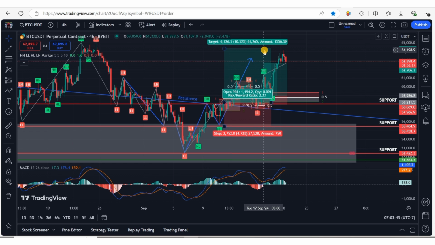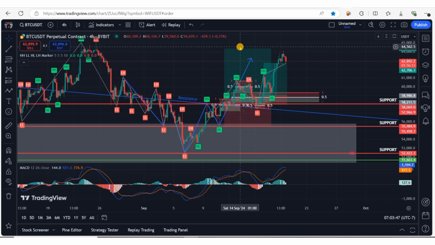But how we were able to discover this is, when you join your inverted double shoulder and head pattern, you take your measurement, knowing fully well that the measurement starts from here, which is the lower low, down to this resistance, which will serve as the point at which the retracement of the two shoulders meet.